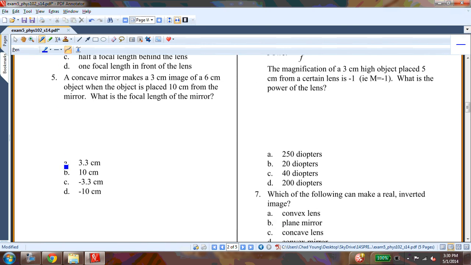A concave mirror makes a 3 centimeter image of a 6 centimeter object when the object is placed 10 centimeters from the mirror. What is the focal length of the mirror? Well, it's a concave mirror, and it's making a smaller image.